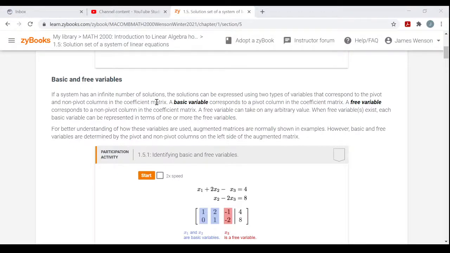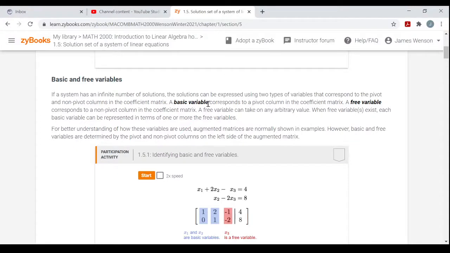Remember, for an augmented matrix, you had a coefficient matrix and then the matrix of constants after the bar. So we're going to be focusing on the pivot and non-pivot columns of the coefficient matrix when you talk about what variables are basic and what variables are free.